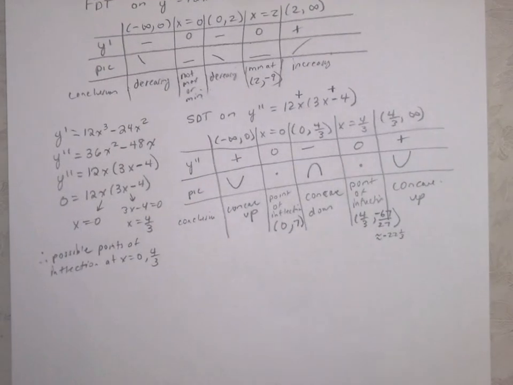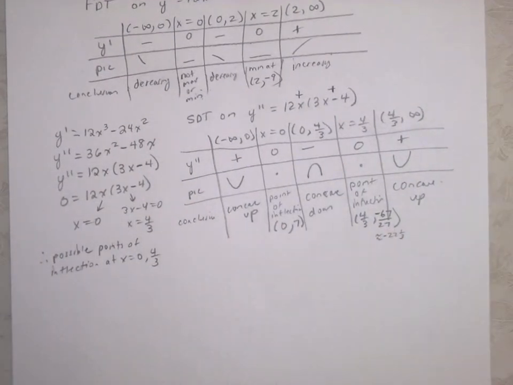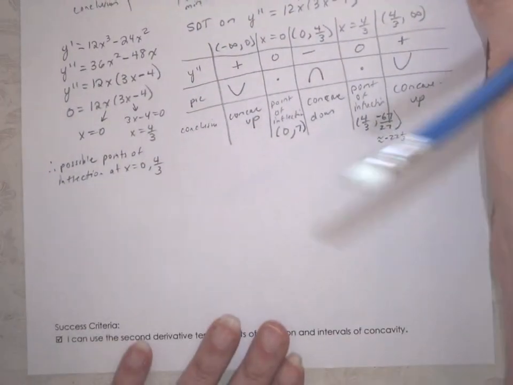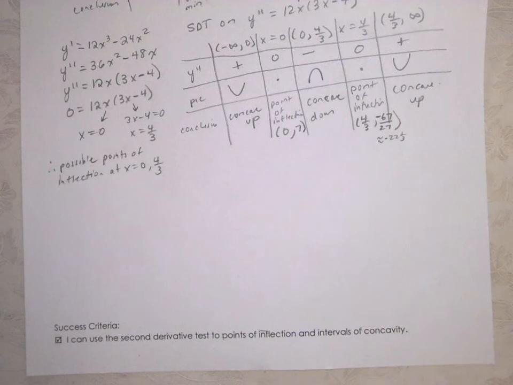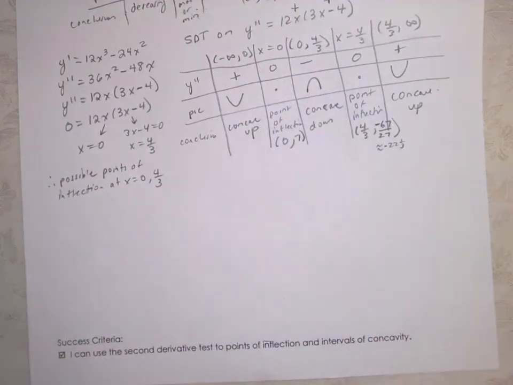Oops, sorry guys, I didn't see that there. I finished the point of inflection coordinates. Okay, so we've done our first and second derivative test. All we have left to do is make our sketch. And let's look where we've got a negative and a positive point.